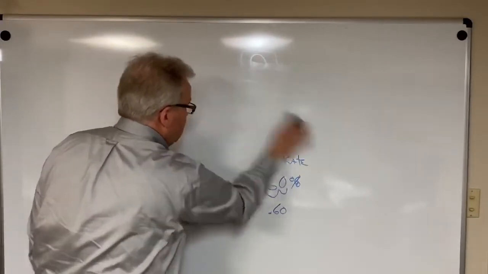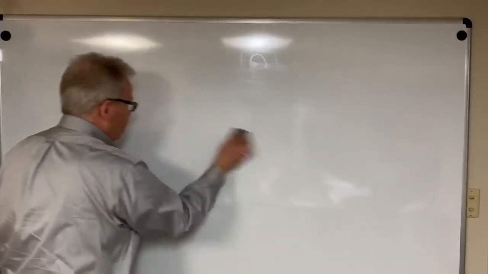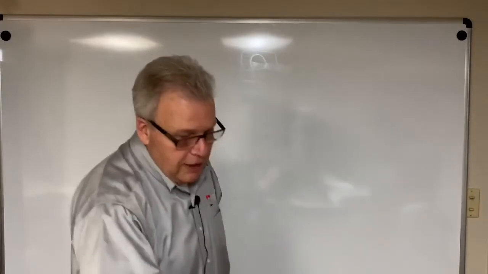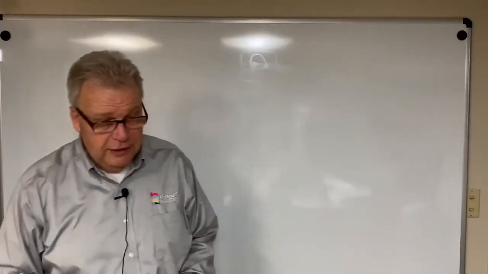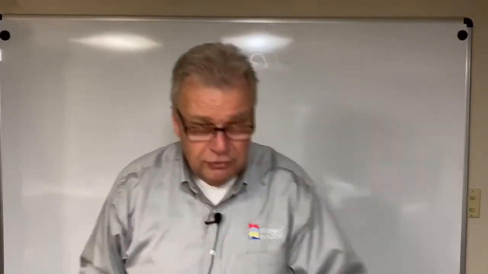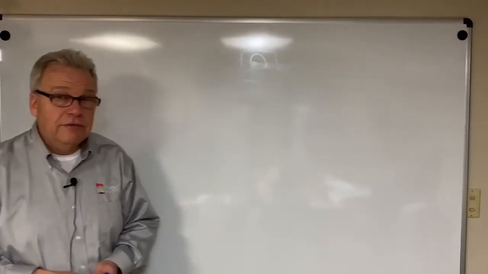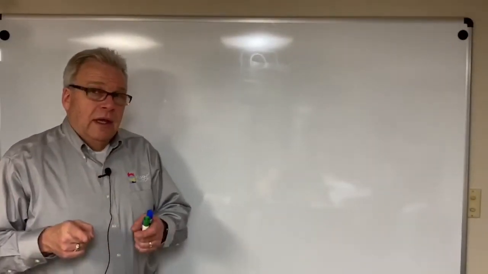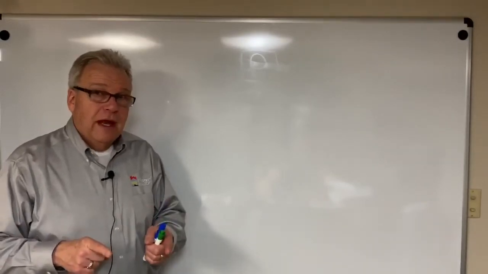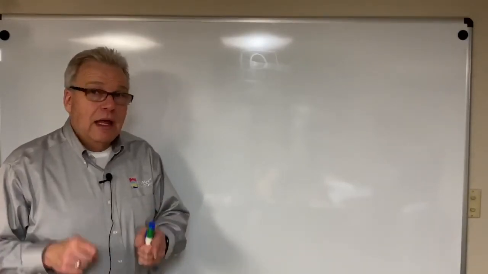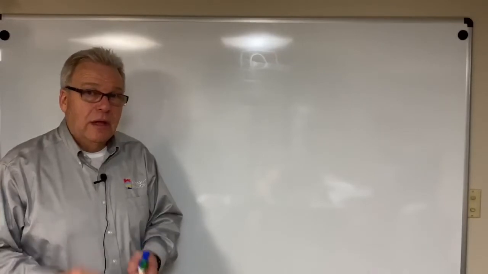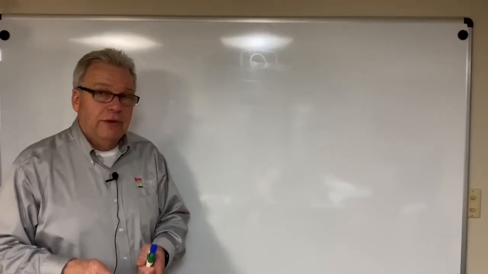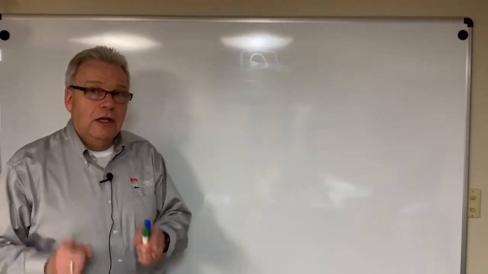Now we're going to do one more of these, and by the way, you're going to see lots of questions. We have to know how to figure discount points. And a discount point is 1% of the loan amount. You always figure discount points on the loan amount.